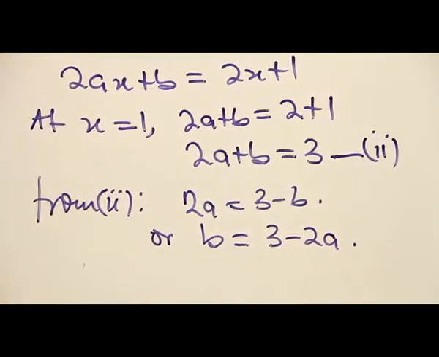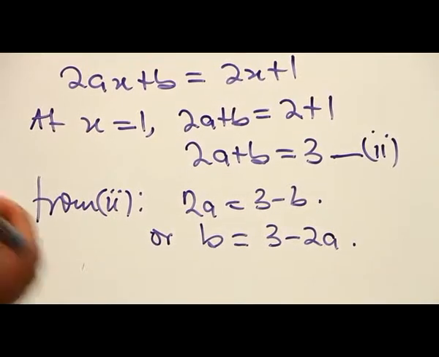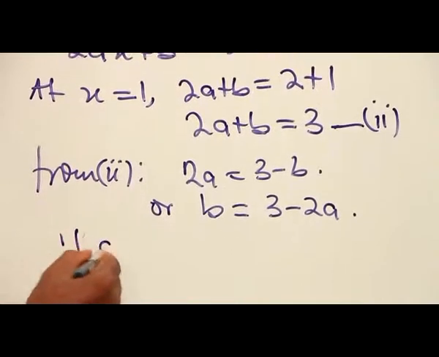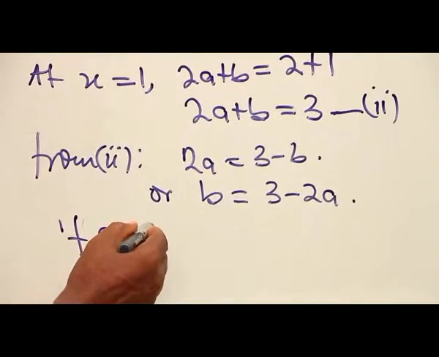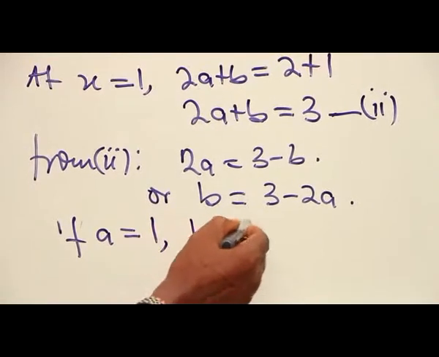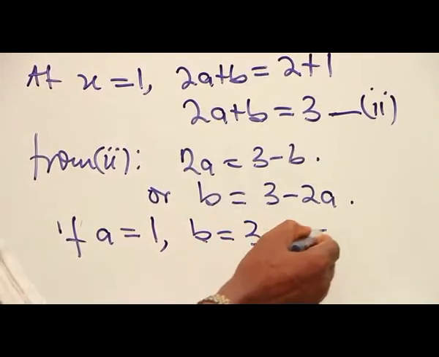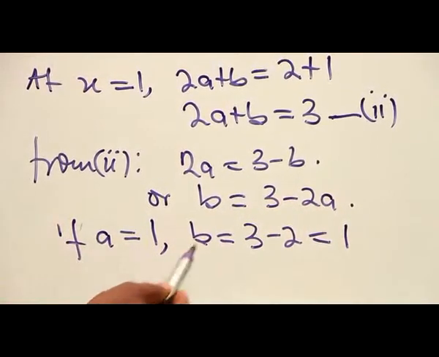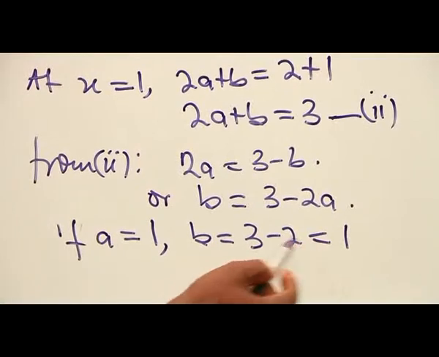Now, we know that the sum of a plus b plus c must be equal to 5. So we can try the value of a. So if a is equal to 1, then we have b will be equal to 3 minus 2, and that is equal to 1. And so if a is equal to 1, our b is also equal to 1.